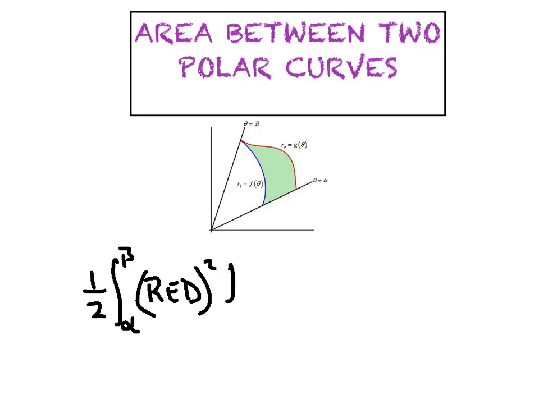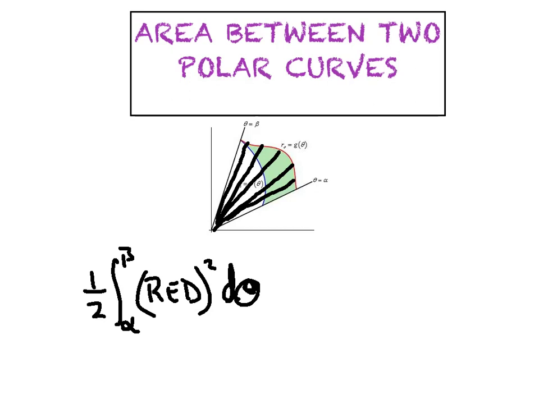So this integral right here represents, wow, why is my pen really dying here? Okay, that integral alone represents everything inside that red curve, from the pole all the way to the red curve. So we've got these wiper blades rotating counterclockwise, and they're gobbling up chunks of area all the way across.